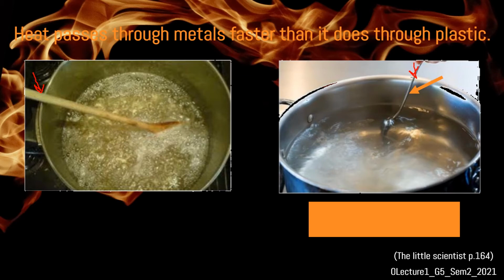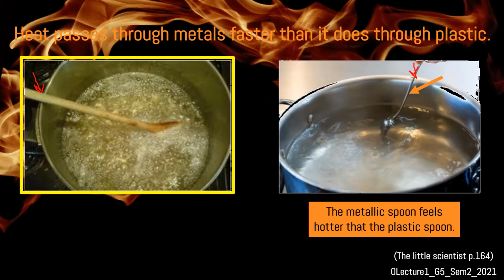Look, this is a metallic spoon, and as we said, metallic spoons feel hotter than other kinds of spoons. The metallic spoon feels hotter than the wooden spoon, so the wooden one will be safer for your mother to hold.